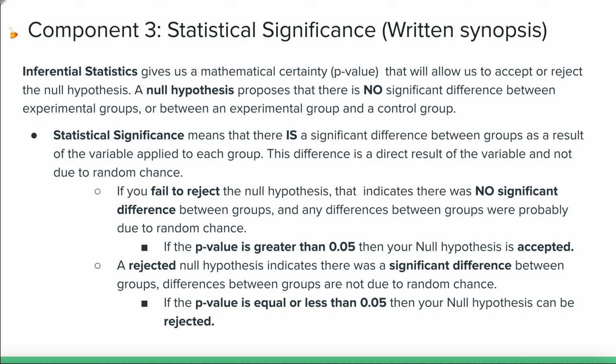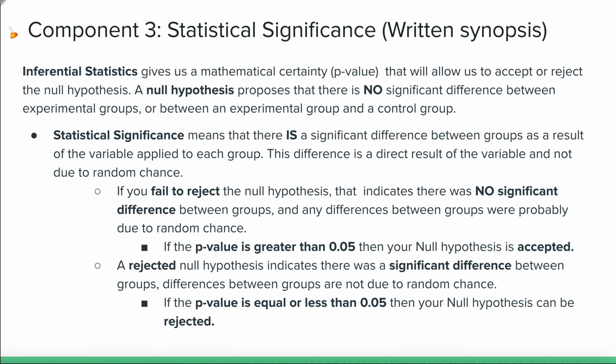The difference is a direct result of the variable and not due to random chance. If you fail to reject the null hypothesis, that indicates that there was no significant difference between the groups, and any differences between groups were probably due to random chance. And if the p-value is greater than 0.05, then your null hypothesis is accepted.